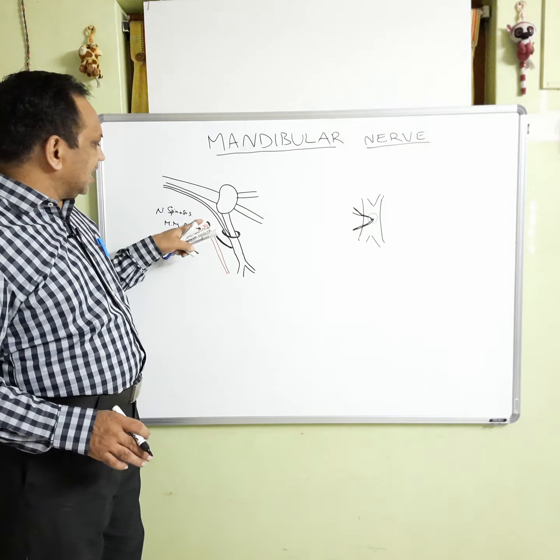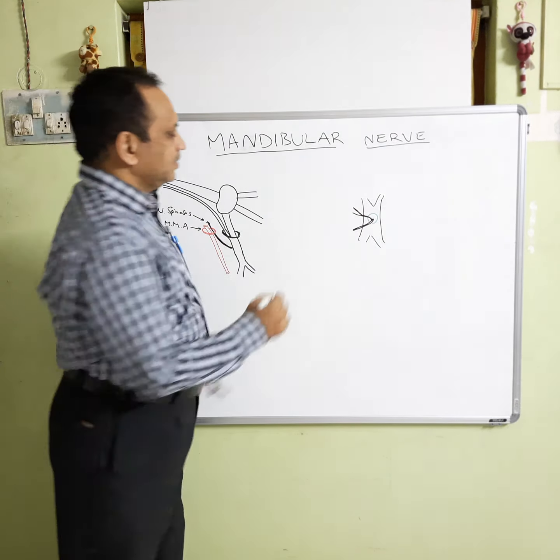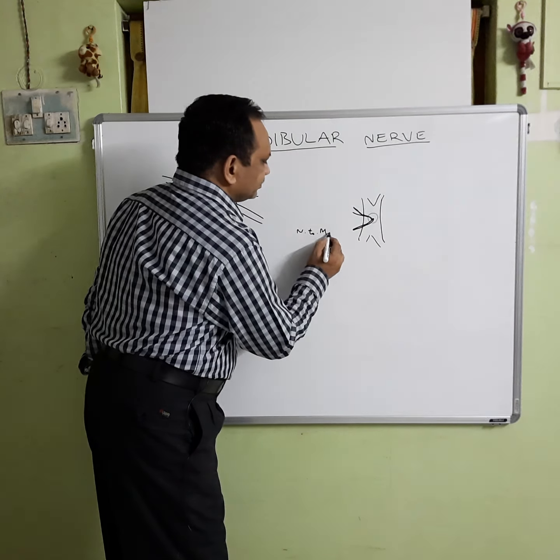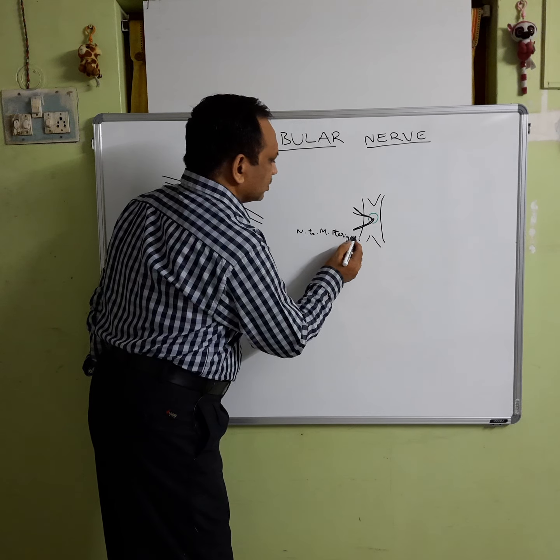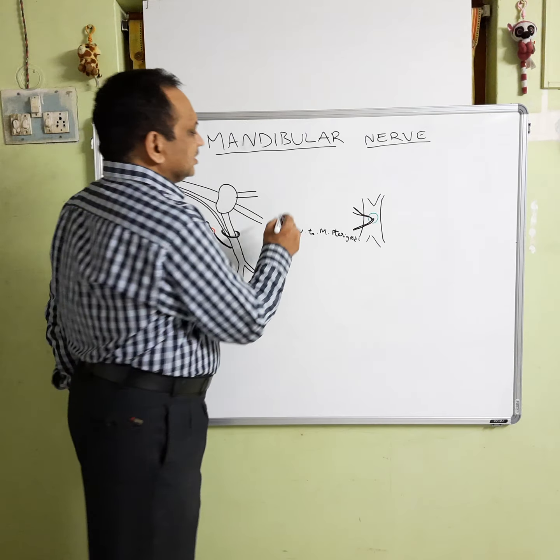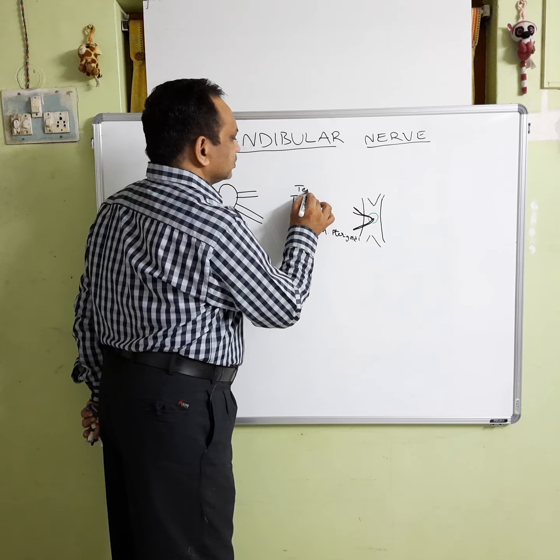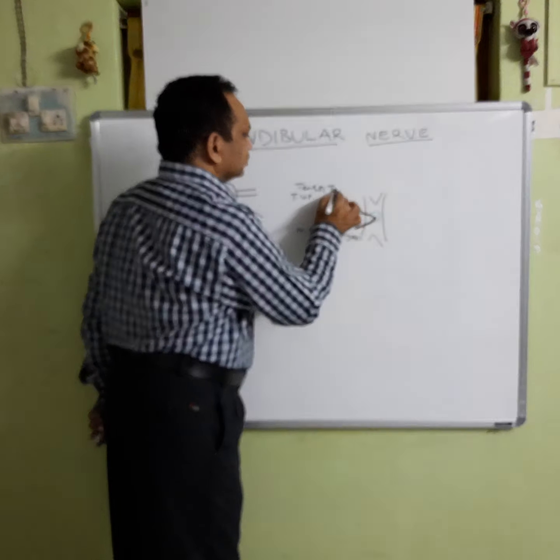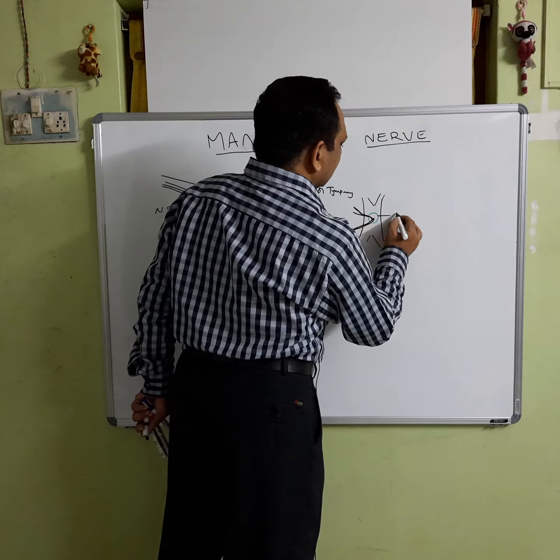One is the nervus spinosus, and the other is the nerve to the medial pterygoid. The nerve to the medial pterygoid gives filaments to the tensor veli palatini and tensor tympani. This is the otic ganglion.